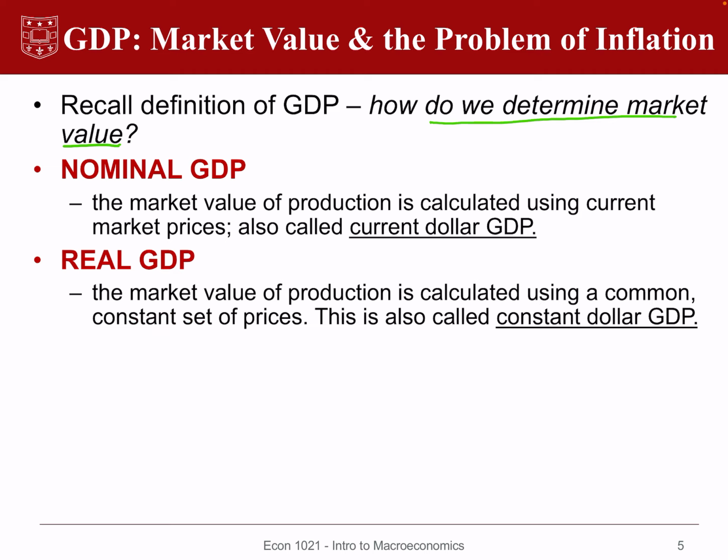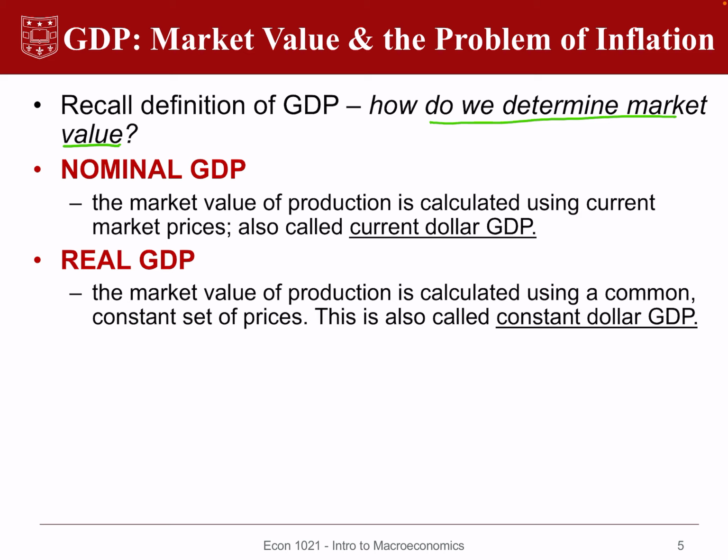A related way of thinking about measuring market value is to construct what's known as real GDP. And here we use some unchanging set of prices. For those of you who've seen macroeconomics maybe in high school before, sometimes you'll see this referred to as a base year.